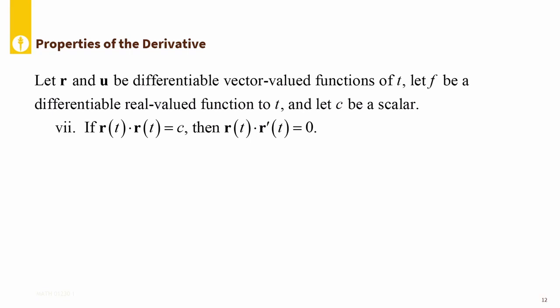So when you take a dot product of vector functions, it's going to be a function, because C is a function. But if it's not dependent on t, so it is just constant, then that vector is perpendicular with its derivative. That's what this property says. I'll let you prove it.